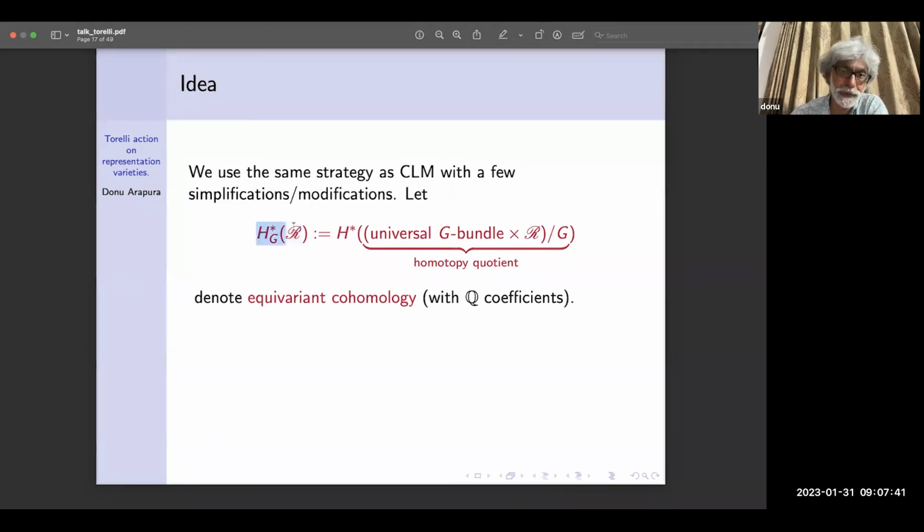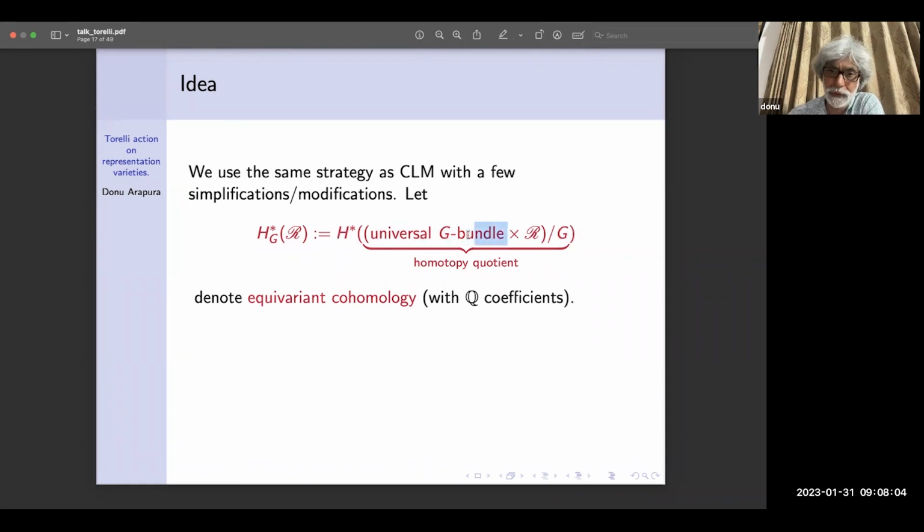So you can consider equivariant cohomology, which is defined on the right of this equation. Basically, it's morally the cohomology of the quotient if the quotient was nice. And unfortunately, it may not be nice.